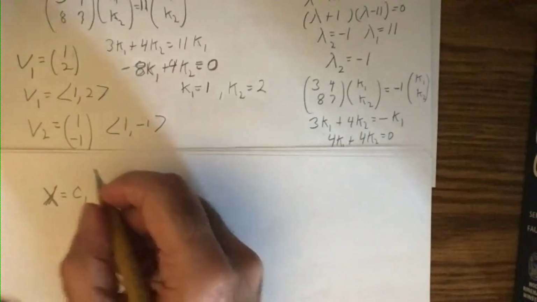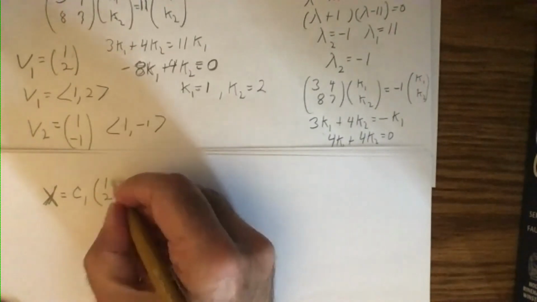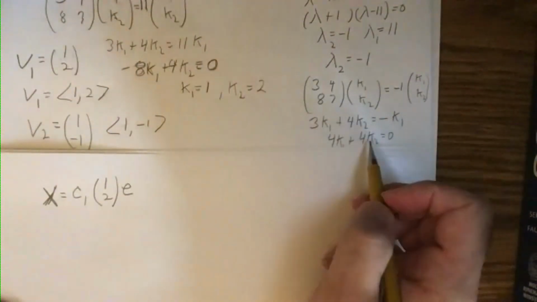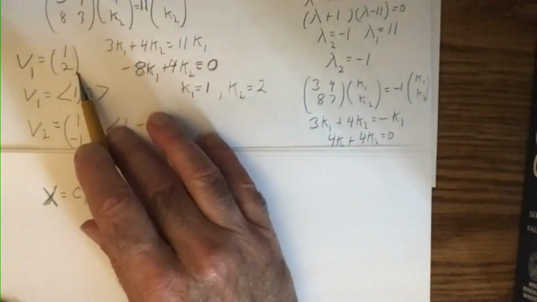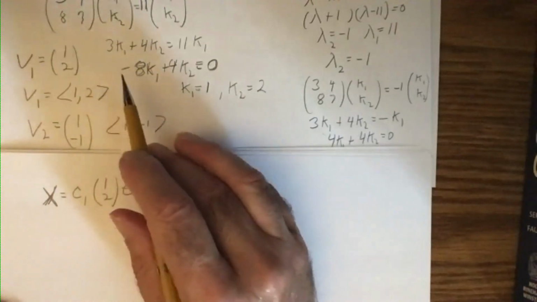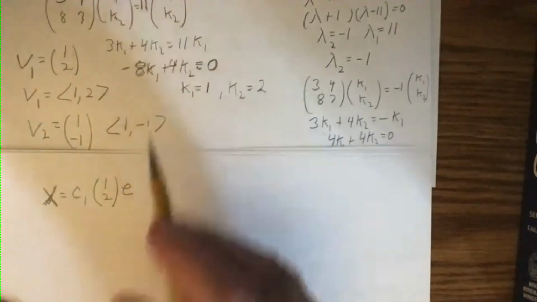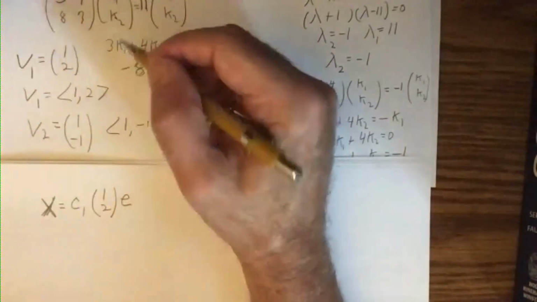C1, and then this would be 1, 2, and then e to the... What was the eigenvalue? Let me make sure.